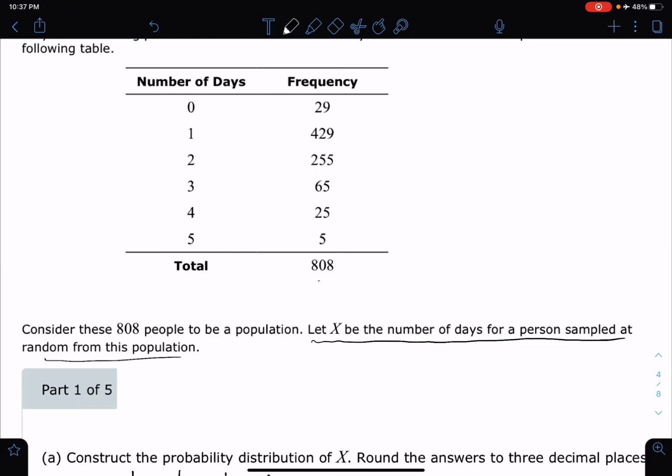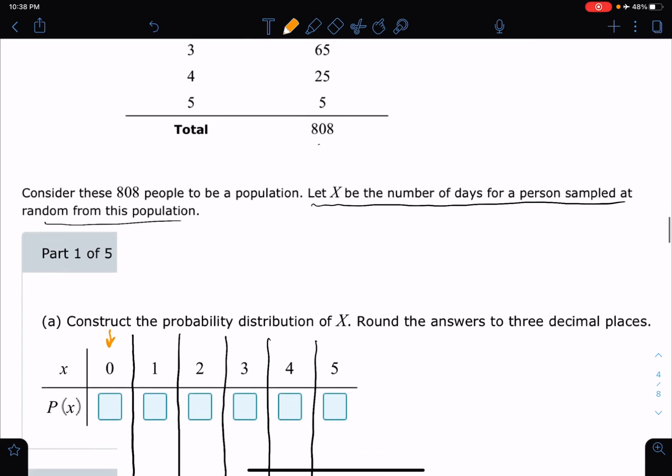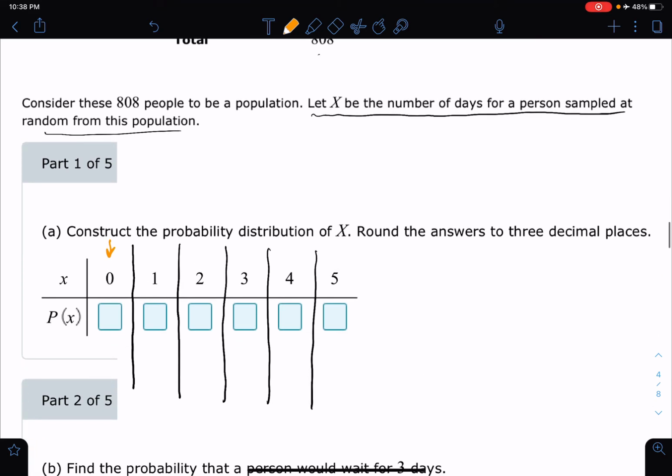And I guess we'll use some color as we normally do. So I'm looking at this situation right here. The random variable x is the number of days they're suffering before they go to a hospital. So people that suffer for 0 days, what's the probability?